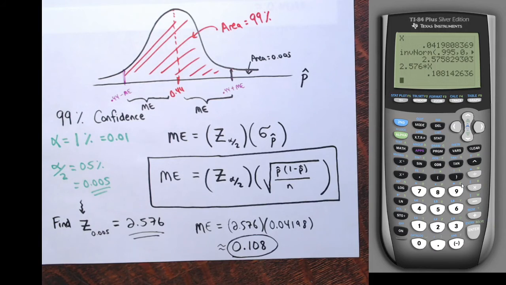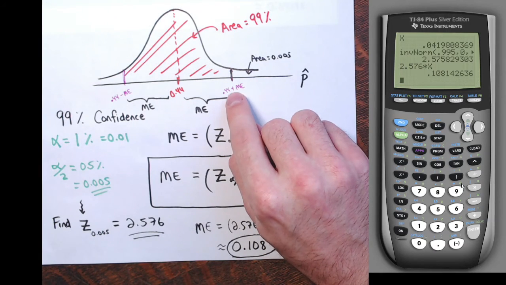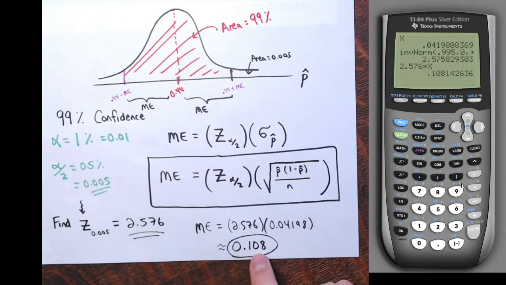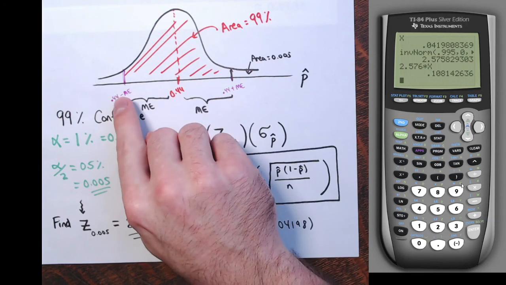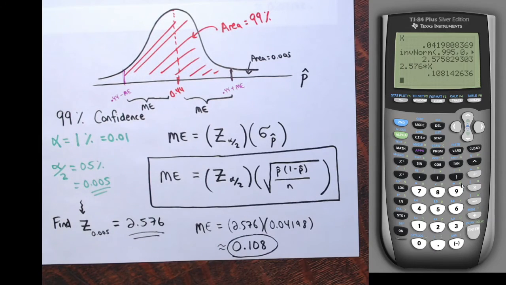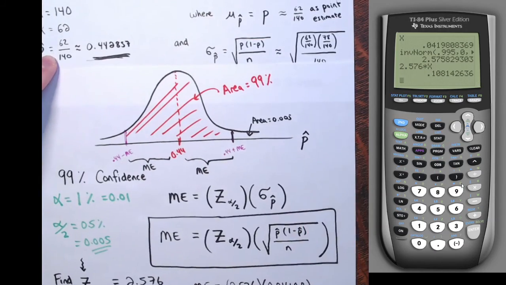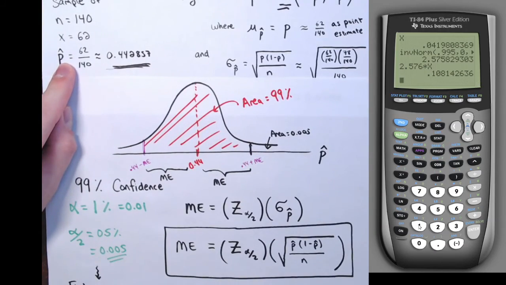Meaning that the upper value here is 0.44 plus 0.108. And the lower value in the confidence interval is 0.44 minus 0.108. So I'll enter this in my calculator as well. I'm going to use the p-hat. P-hat was 62 out of 140.